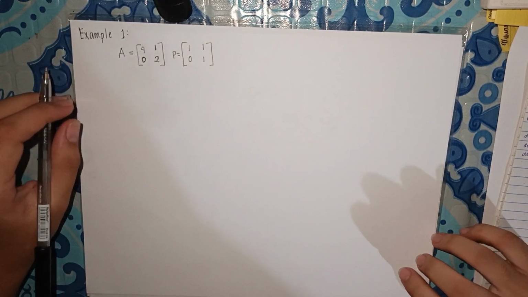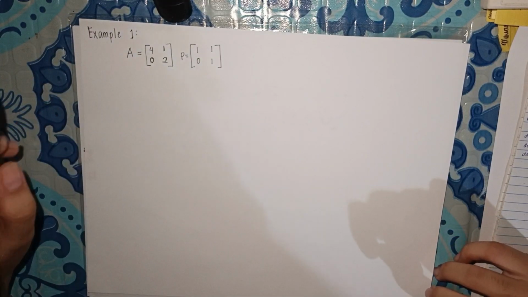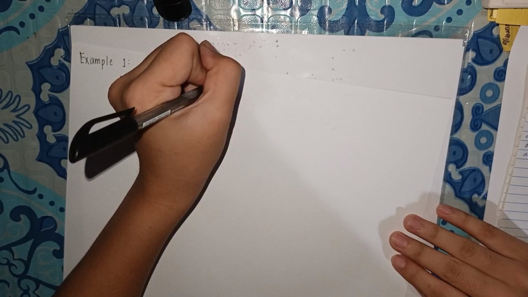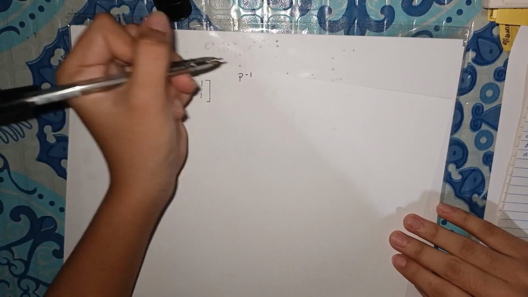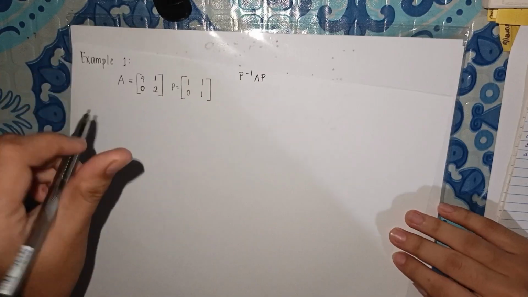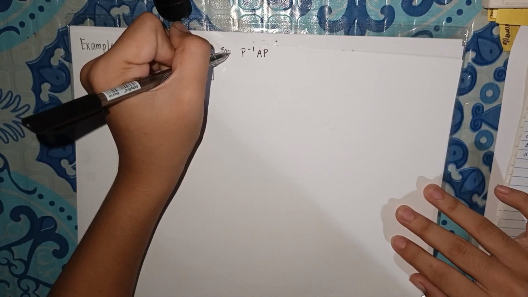So, to get the similar matrix, the formula we will use is inverse P times AP. So, that is the formula.